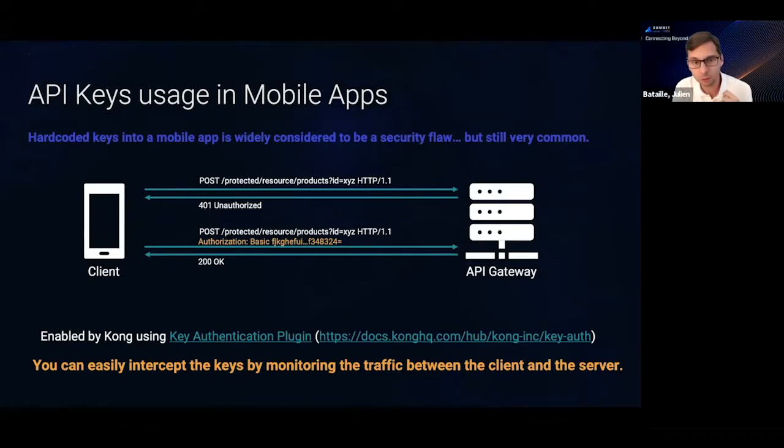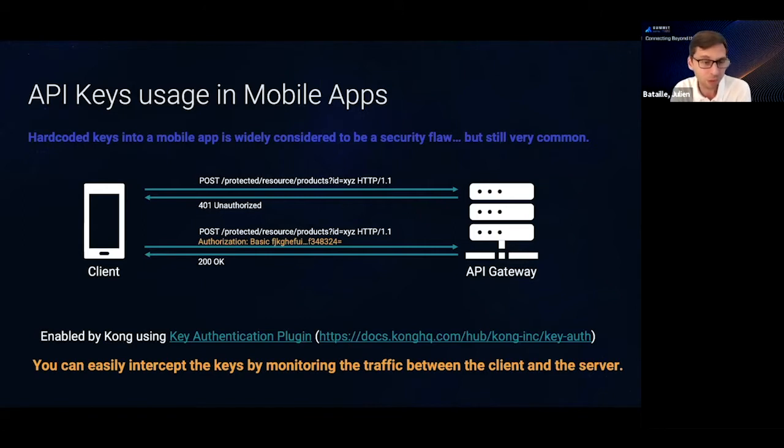First, the most common way to secure the communication between an app and your backend is to use an API key. The app will attach this key in a header or a query parameter for every single HTTP request, and the backend will check if this key is valid to authorize a request. Kong makes it very easy to set up this kind of authentication using the key authentication plugin.